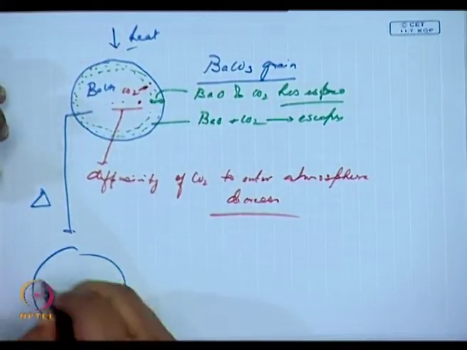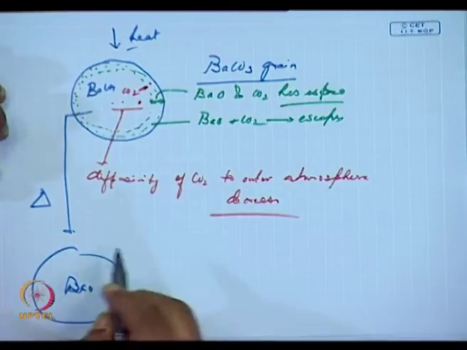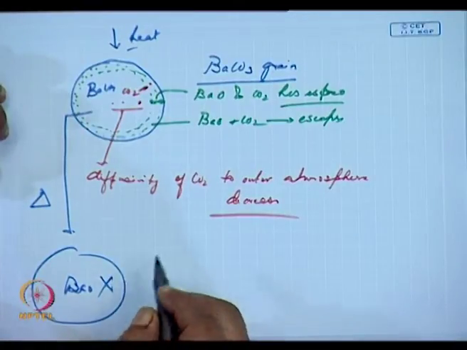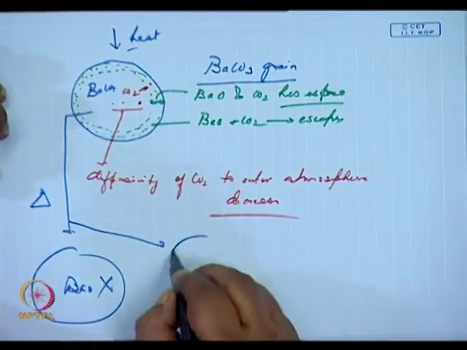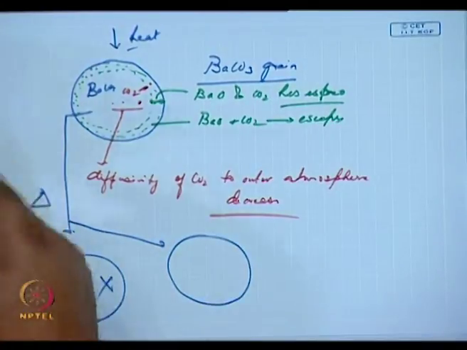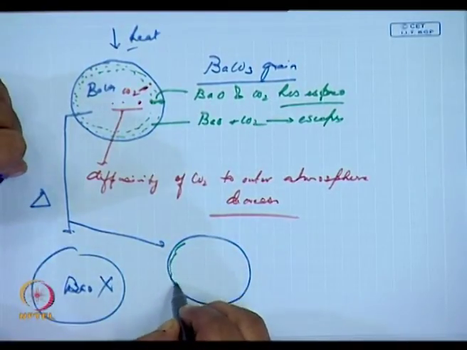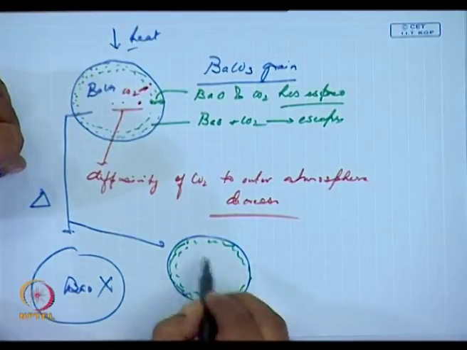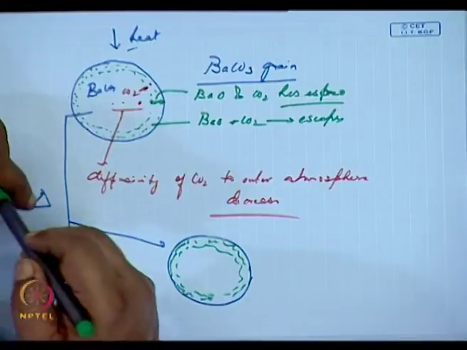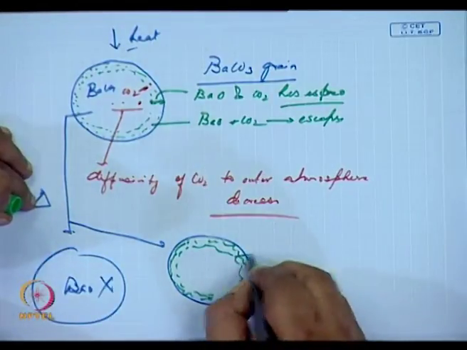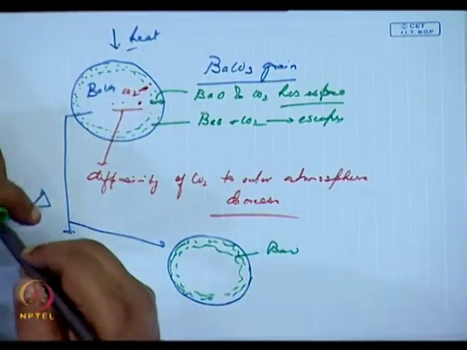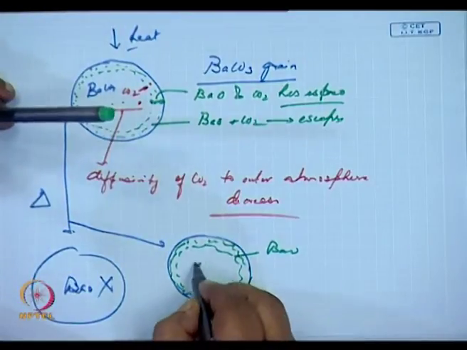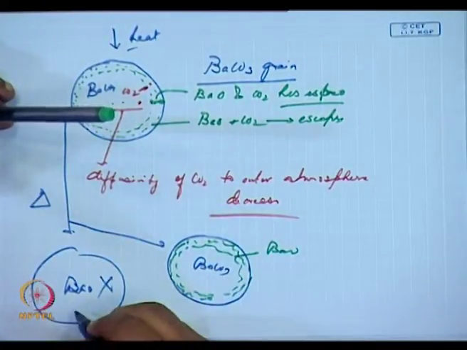This does not happen. What normally happens is that the BaO is formed in the outer layers, while the internal layer stays BaCO3.